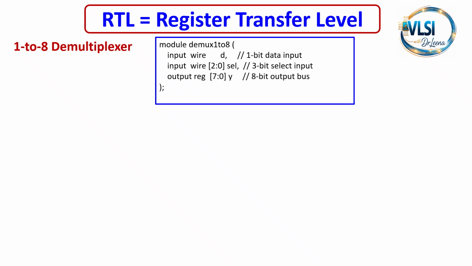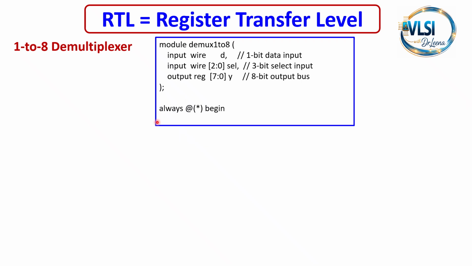Next, what we are going to do? We are going to do behavioral modeling, and in the behavioral modeling, we are going to do combinational logic. So we are going to give always @, opening the bracket, putting the star and closing it, and begin. So it creates a combinational logic block that executes whenever any input changes.